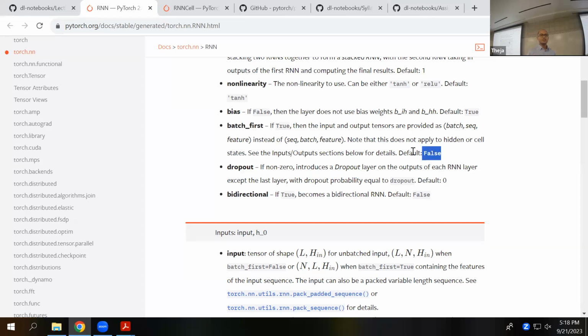This is where people get confused with respect to the dimensions of the tensors they're producing. If batch first is true, then the first index will be a batch index, which means that if you have a batch size of 256, then the first coordinate, if you index 0, 1, 2 to 255, will pick that example in the batch. The second index corresponds to the sequence length.